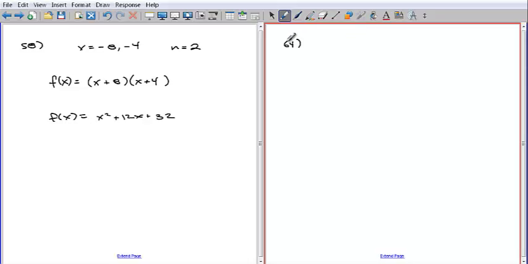Okay, 64 is another one of those. So we got x equals -4, -1, 3, 6. It's a fourth order polynomial. So we got 4 zeros in the fourth order, so that makes it a piece of cake. So it's f of x, and we draw 4 factors here.